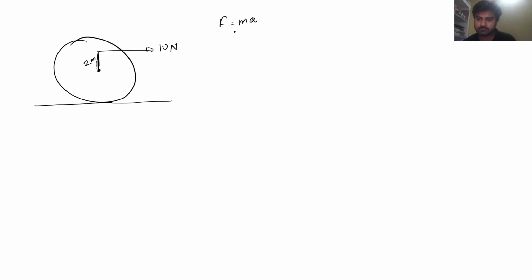So net force is 10 plus. See, when this body will rotate like this, there will be a friction force also. So let's say it is F. So 10 plus F, which is on the right side, is equal to mass. Mass was how much? 4 kg. So 4 into acceleration. Let's say this body is going with some acceleration A.